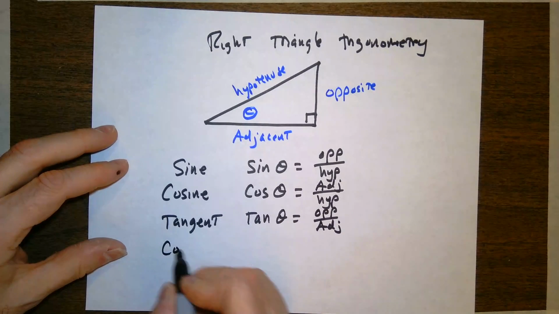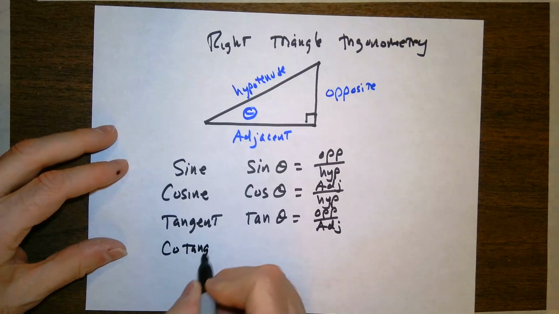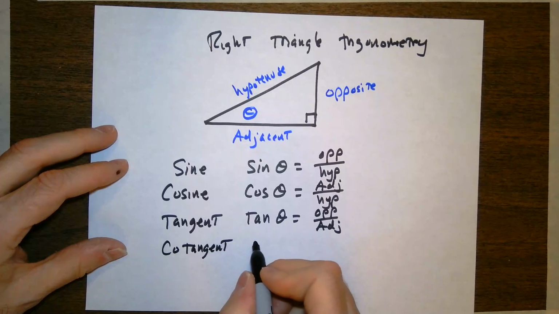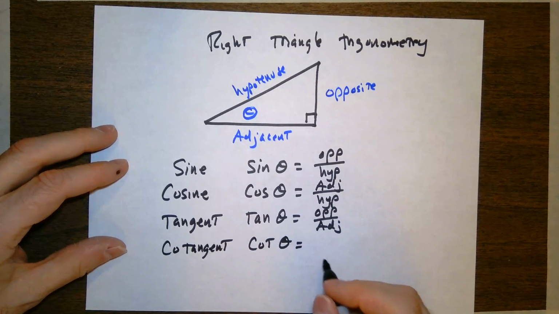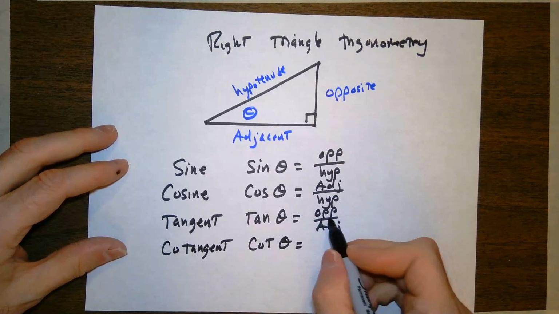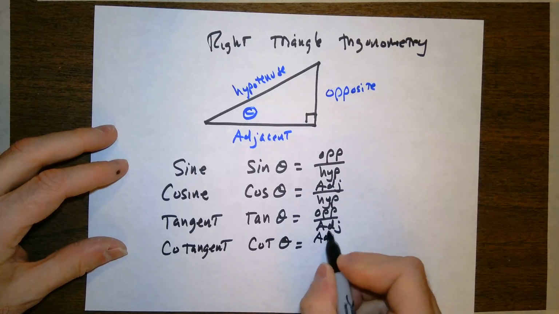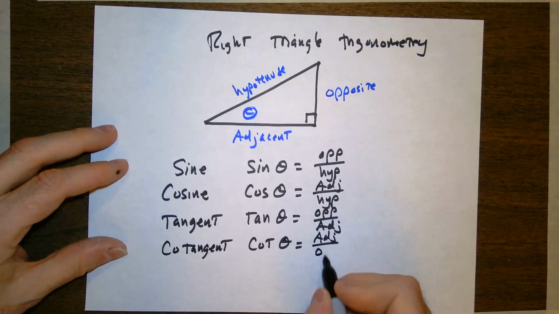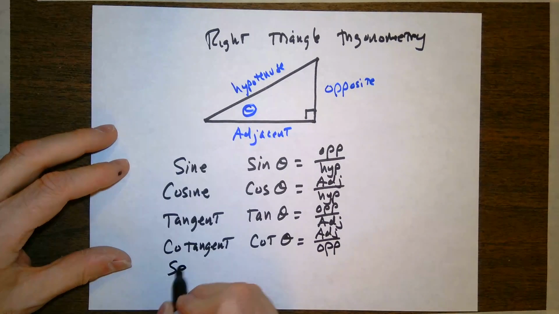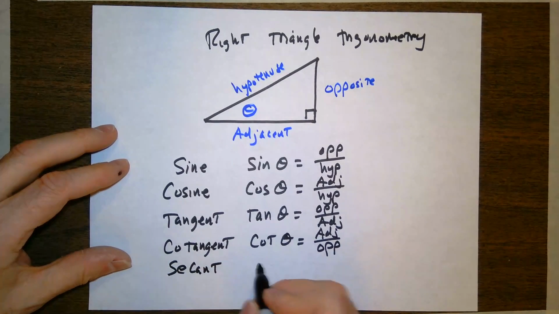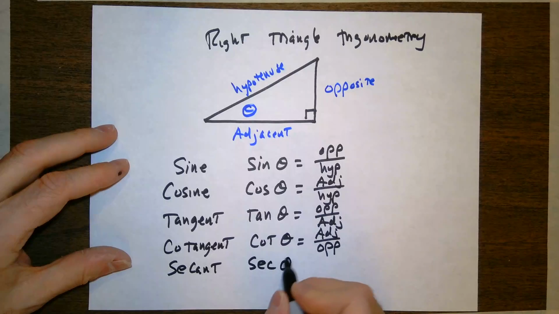Next we have cotangent, abbreviated as COT. And the cotangent of any angle is the inverse of the tangent. So it would be the adjacent divided by opposite. And then we have the secant, abbreviated SEC.